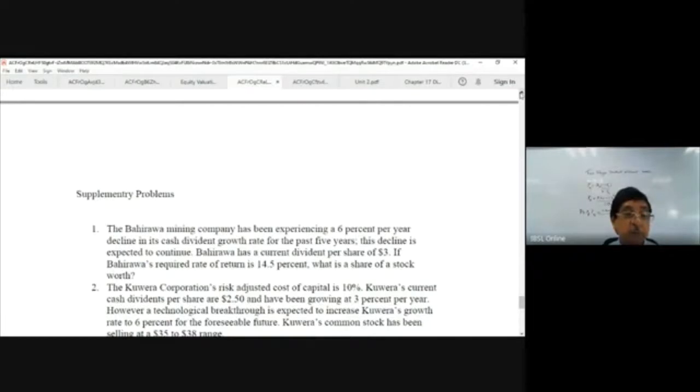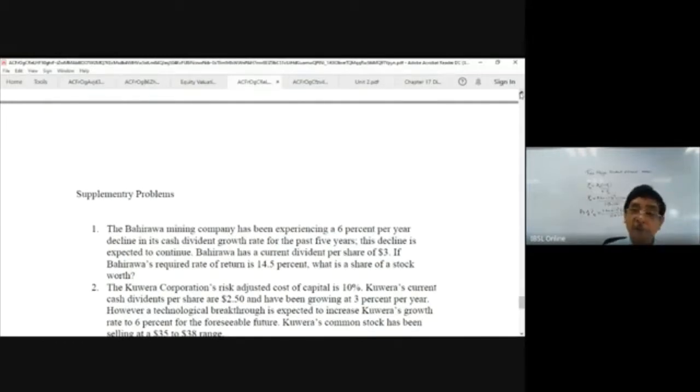But if it is not so, you are not in a position to calculate the stock price by using the one-stage dividend discount model. You have to apply the two-stage model to get the stock price calculated. There's a particular methodology to do that, and we already discussed that methodology.